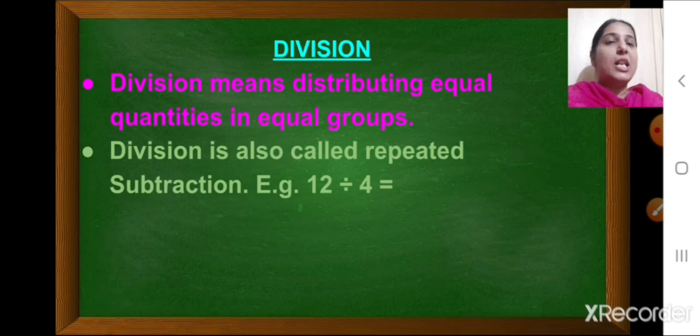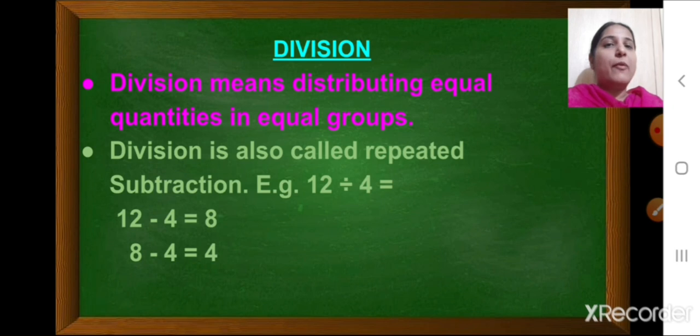Like here you can see 12 divided by 4. You know the answer, but let's do this by repeated subtraction. So if we subtract 4 from 12, what will we get? 8. Again from that 8, if we subtract 4, what will we get? 4. Again from that, 0.